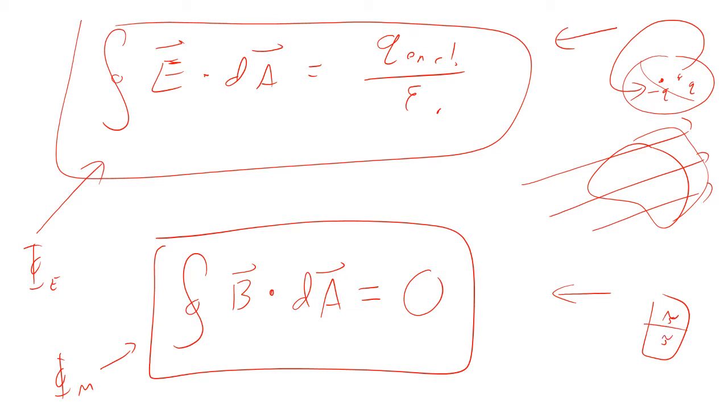An electric coil that's creating a magnetic field becomes a magnetic dipole. So this is the expression for these two things: Gauss's law for electric fields and Gauss's law for magnetic fields. There's nothing special right there. This is just a statement that there are no magnetic monopoles.